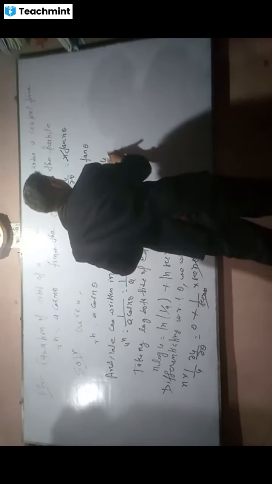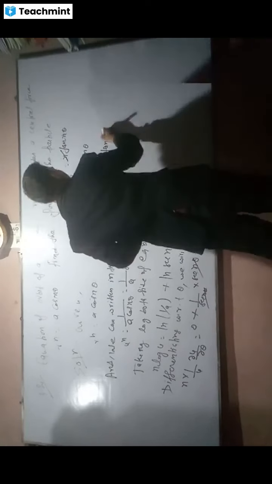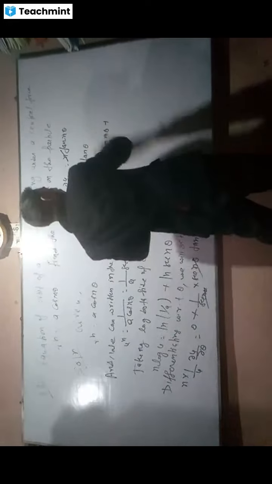∂²u/∂θ² is equal to ∂u/∂θ tan nθ plus, first term we keep, second term leave.